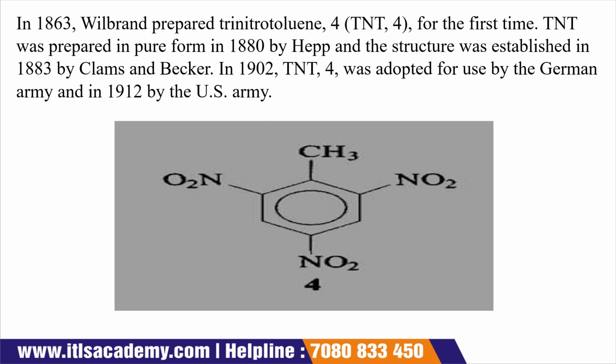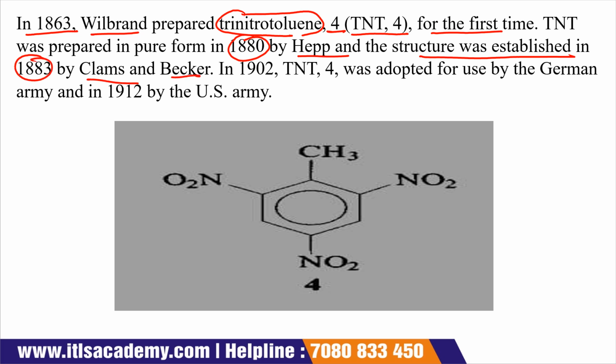Now, in 1863, Wilbrand prepared trinitrotoluene 4, also called TNT, for the first time. TNT was prepared in pure form in 1880 by Hepp, and the structure was established in 1883 by Claus and Beker.